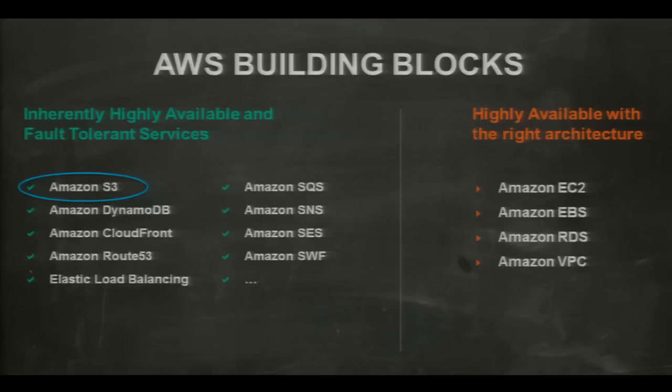It will worry about the scaling and all these aspects of high availability. Or if you need a high-performance scalable database, you can use DynamoDB, and all these things are taken care of for you. So this makes it really convenient and easy to build really highly available systems.